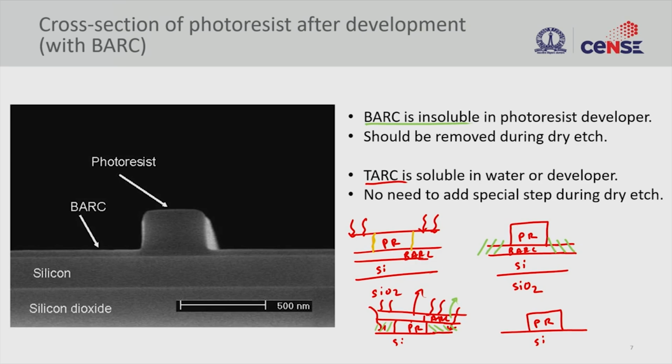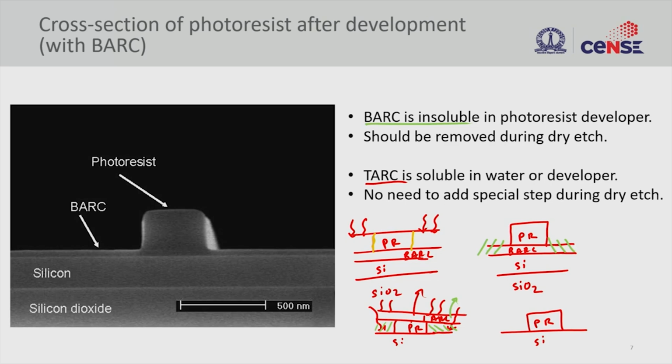Okay. So, keep in mind what is the subsequent process and whether you need silicon access or not, right. So, based on that you may have to apply a separate BARC removal process in order to get access to silicon if you are doing material deposition, or in case of implantation also, right.